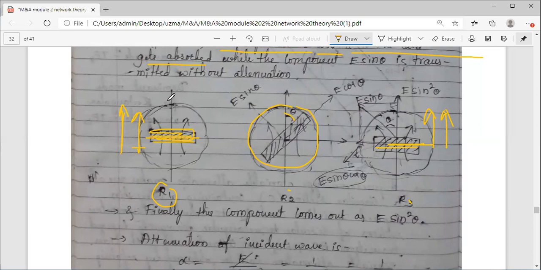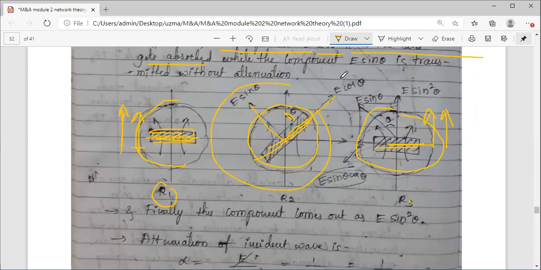So what is happening here? If any component comes parallel to R1 and R3, it will be absorbed by R1 and R3. Now coming to R2, it is tilted and positioned at some angle theta. There are two components.